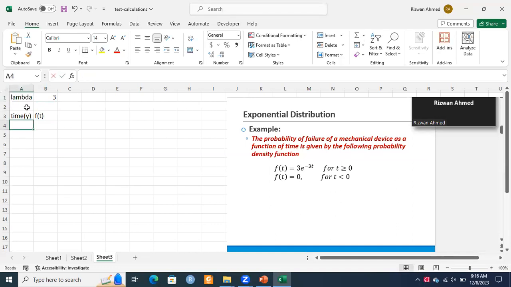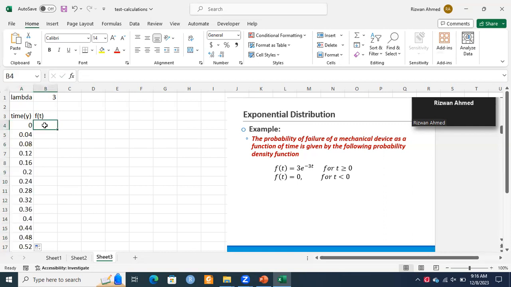I take the value 0, and then 0 plus 0.04. So the time period has been considered very small as compared to the year, right?